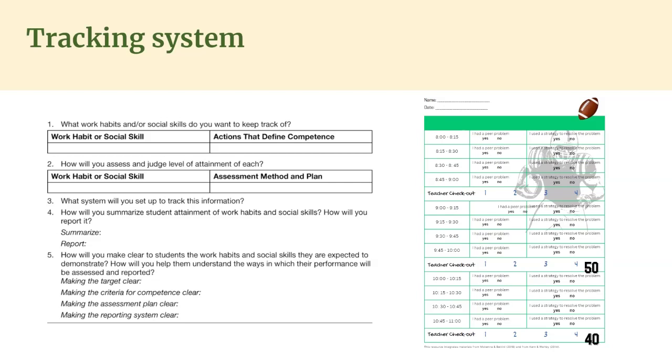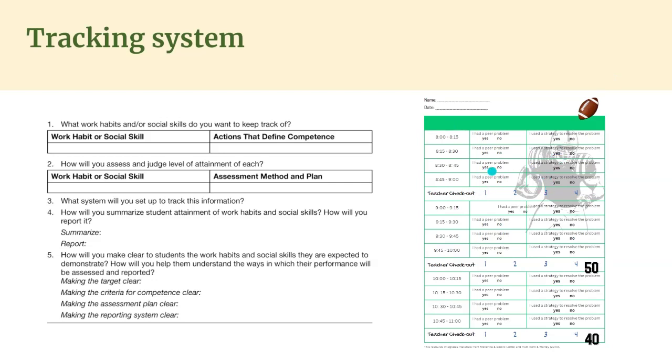So make sure you have that clear. Define those actions, define what they are. And then you should assess and judge the level that you want to attain for each of those. And then you should also come up with some type of system that you can set up to track this information. Here's one example that I have created.